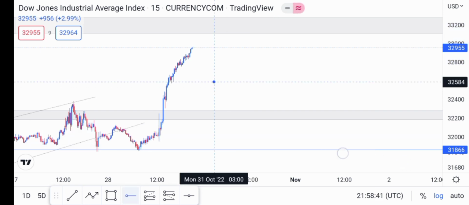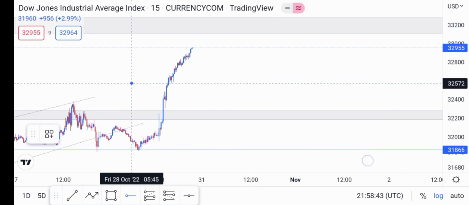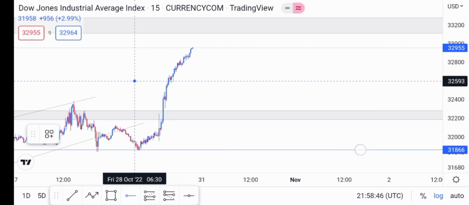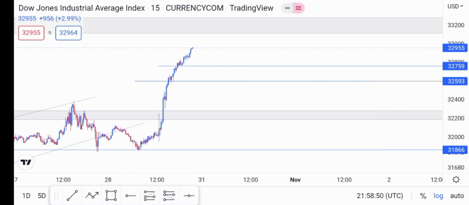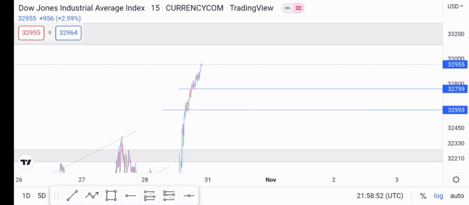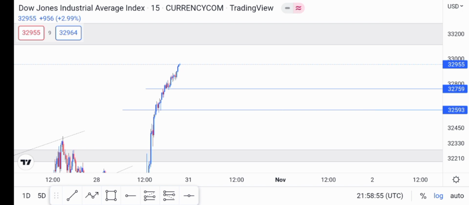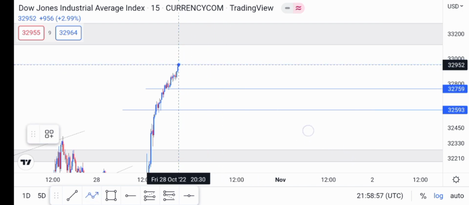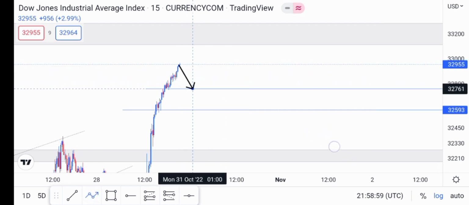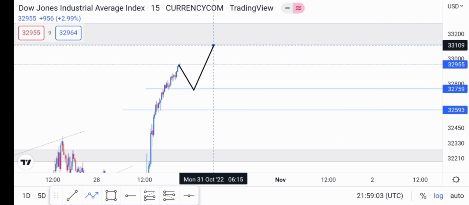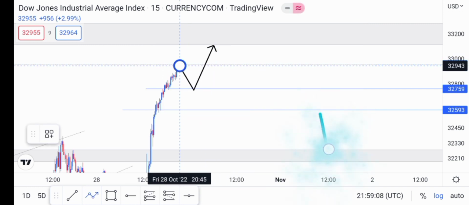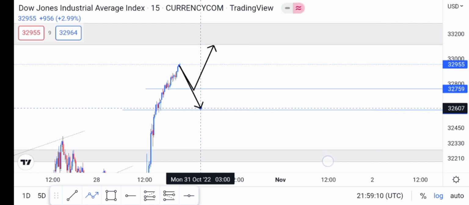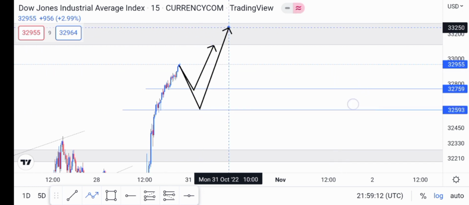Okay, so currently we can expect a gap up until here or right over here. These are the levels where I think the correction will reject here before pushing to the upper side, or will reject around this area here before pushing to the upper side.